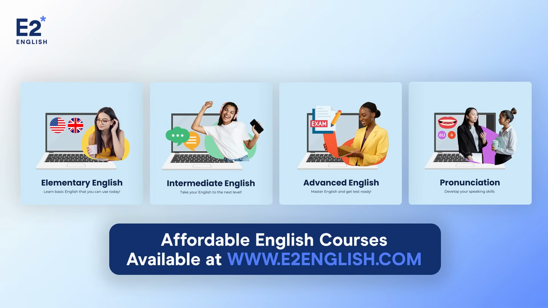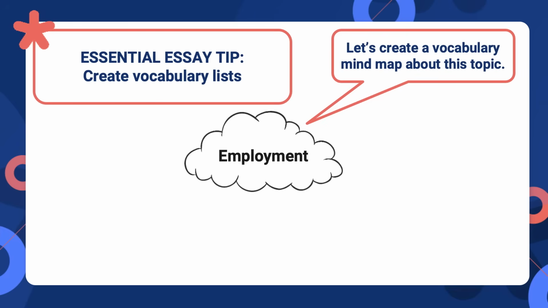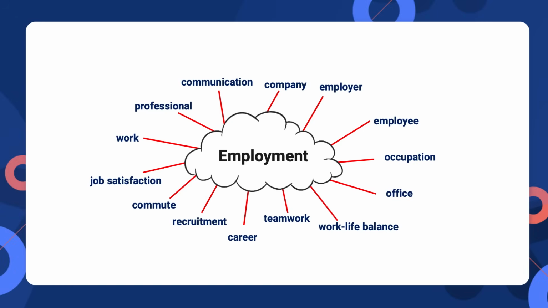Back to our essential essay tip, learning about how to create a vocabulary list. We're going to do one right now, and the vocabulary mind map that we're going to create is about employment. So let's create one about this topic. I want to know from you, what are some words related to employment? Let's have a look at some of the ideas that I came up with.